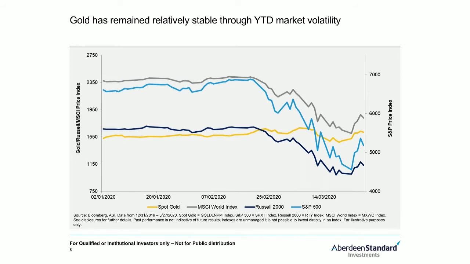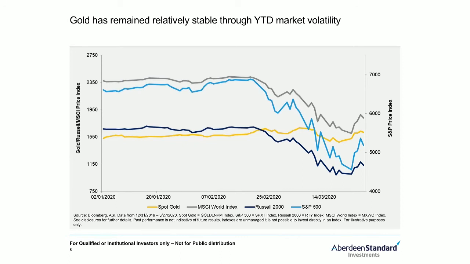Part of the reason gold did initially sell off as the market downturned is that it sold off for different reasons. One of the things that you find with gold is that it's highly liquid. People actually like gold because of its liquidity characteristics. What you found was equity investors sold off their gold rather than selling off their equities in order to meet margin calls, and that put pressure on gold initially.